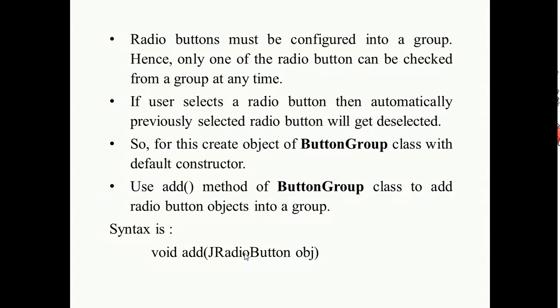For that, we use the ButtonGroup class, which has a default constructor, and using the add method of the ButtonGroup class we add the radio button object into the group. The syntax is void add(JRadioButton object). So the radio button provides a facility to select only one radio button at a time from a group of radio buttons, and for that the ButtonGroup class is used.